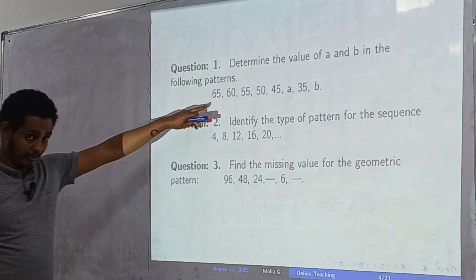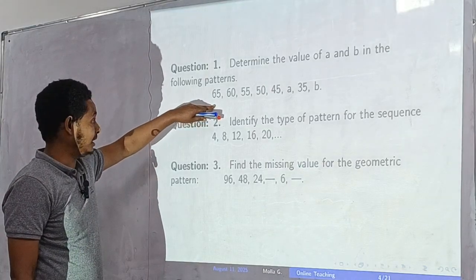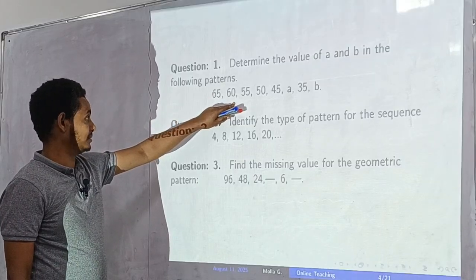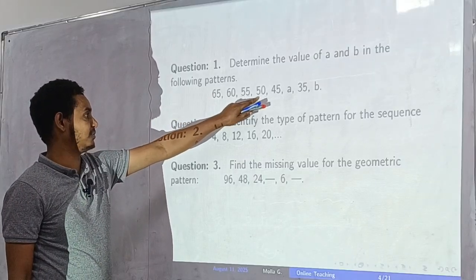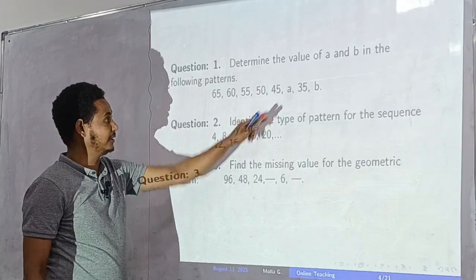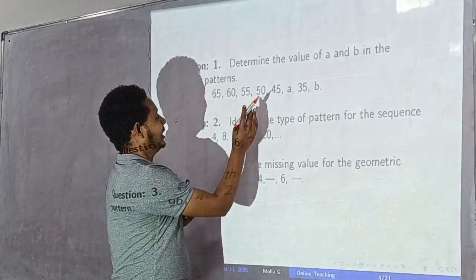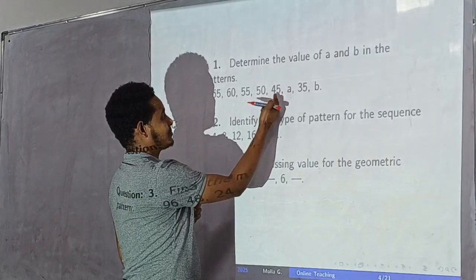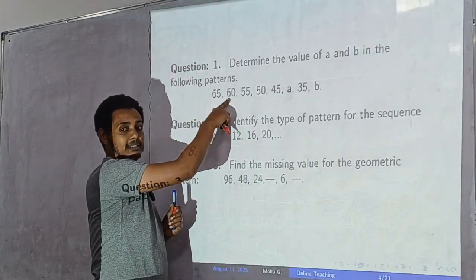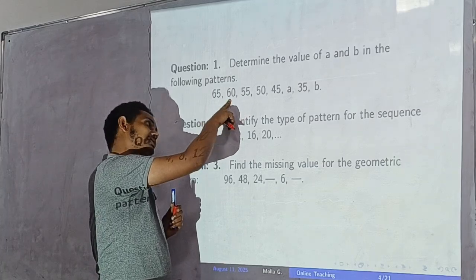Then, determine the value of A and B in the following patterns. Simply look carefully at these numbers, the nature of these sequences. 65, then 60. That's a decrease, right? Then 55, then 50, then 45. We have to subtract 5 each time, because subtracting 5 from 65 is 60, subtracting 5 from 60 is 55.